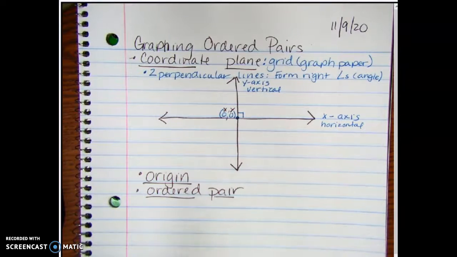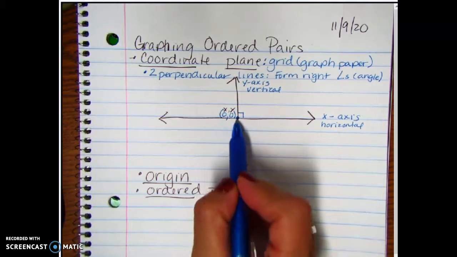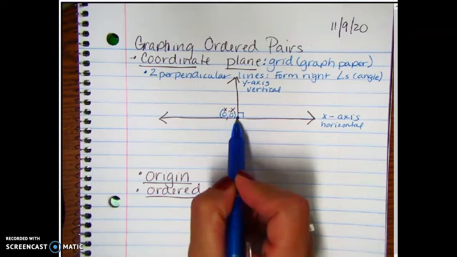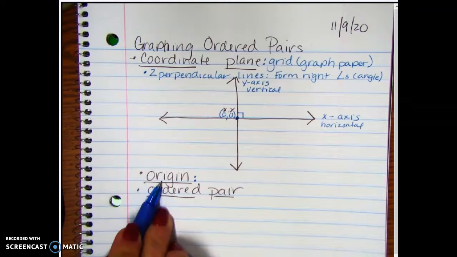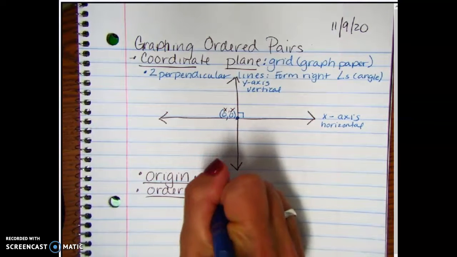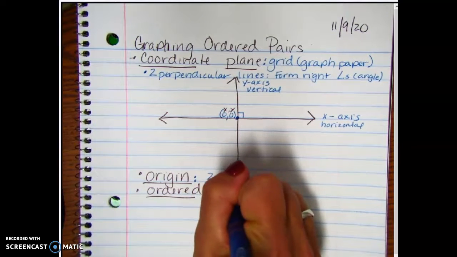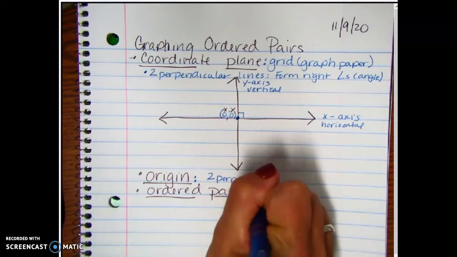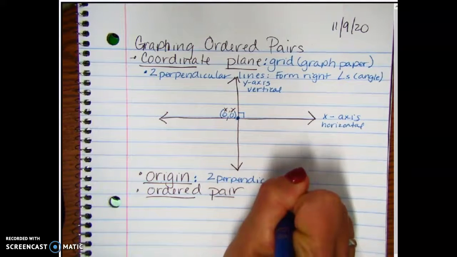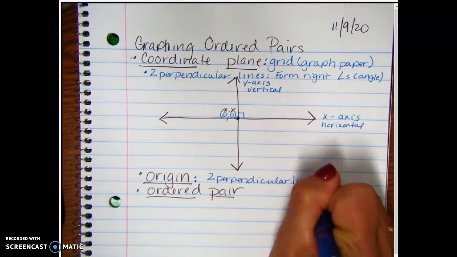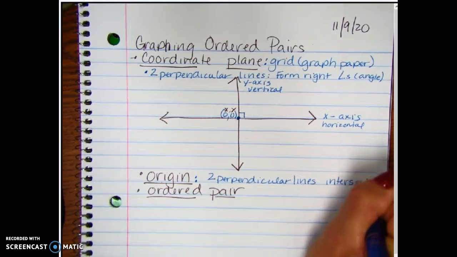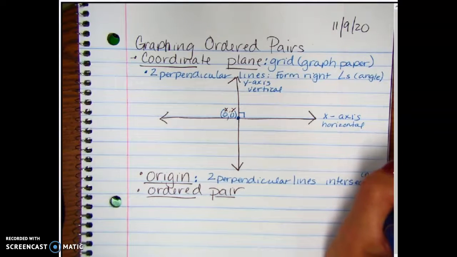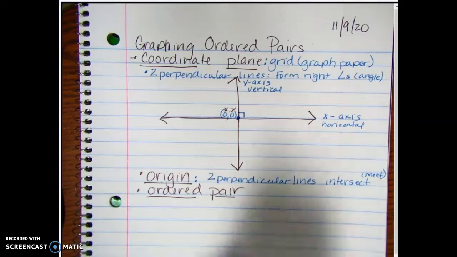So we actually have a very special name for this point here. It's called the origin. And here we have it. It's where two perpendicular lines intersect, also known as meet. Okay?